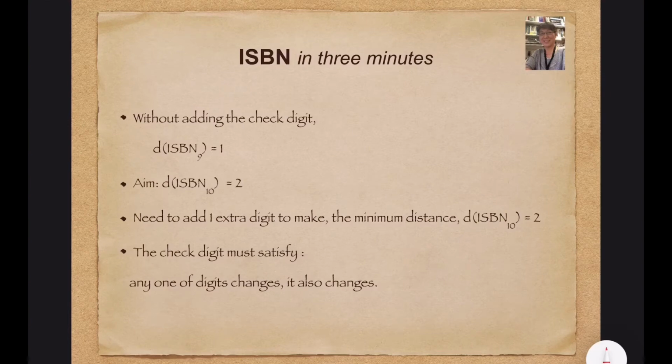Without the check digit, all possible 9-digit ISBNs are valid. The minimum distance between them is 1. They're all next to each other, right? Our job is to add 1 extra digit to increase the minimum distance from 1 to 2. If you recall, we did in the previous video, minimum distance must be at least 2 in order to identify a single error.